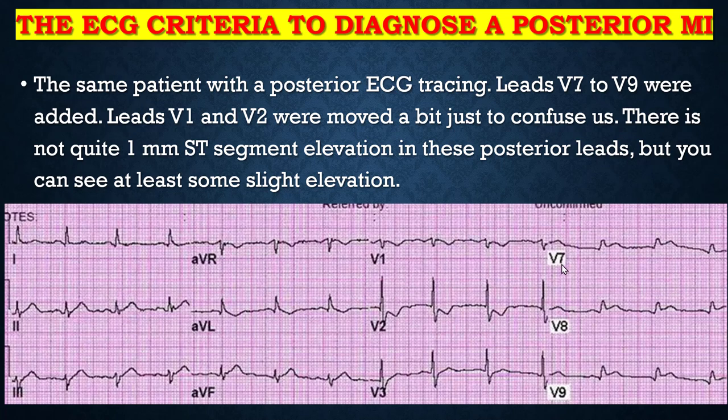These are leads V7, V8 and V9. In posterior MI, when these extra leads are added to the ECG machine, you can see a slight elevation of the ST segment in leads V7, V8 and V9.